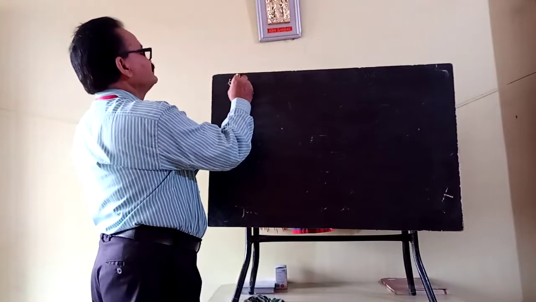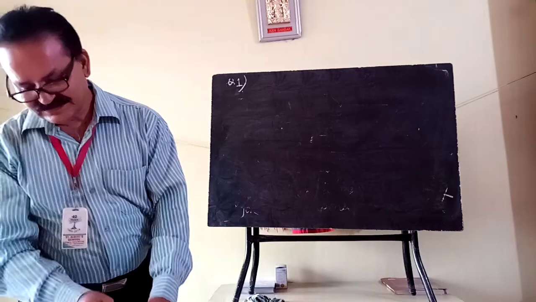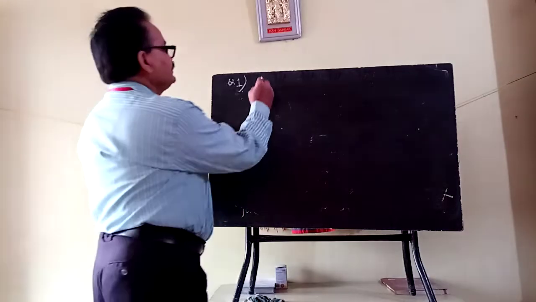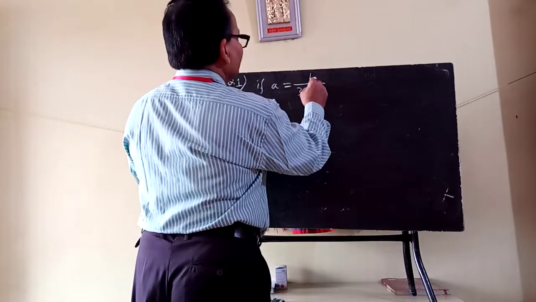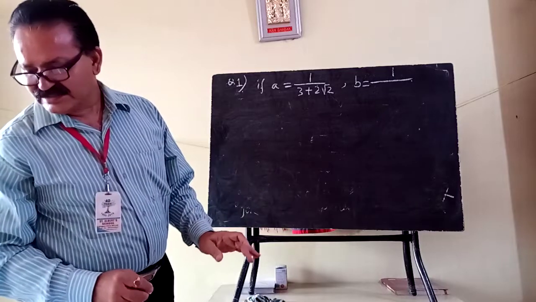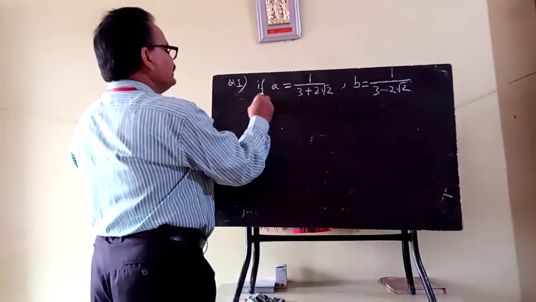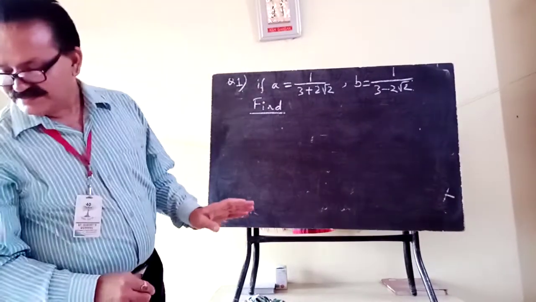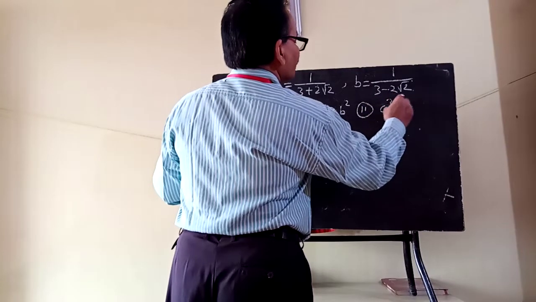Okay, your first question for today is: if a equals 1 by 3 plus 2 root 2 and b equals 1 by 3 minus 2 root 2, find number 1, a square plus b square, and number 2, a cube plus b cube.